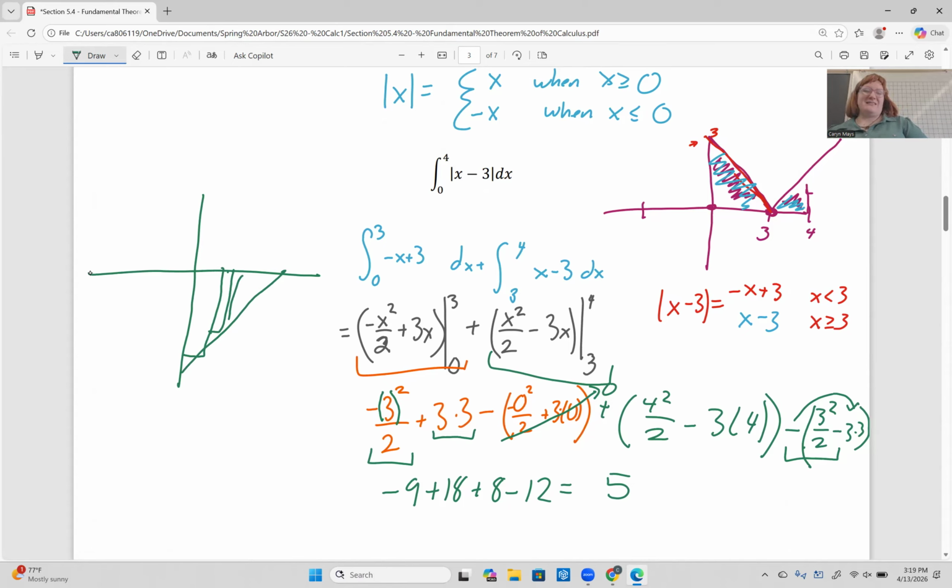So yes, it's an area under the curve. But when the curve is below the x-axis, we call it a negative area. It's a little weird because we've kind of drilled into you guys, don't call an area negative, but these have more applications than just area. Hopefully that answered a question.